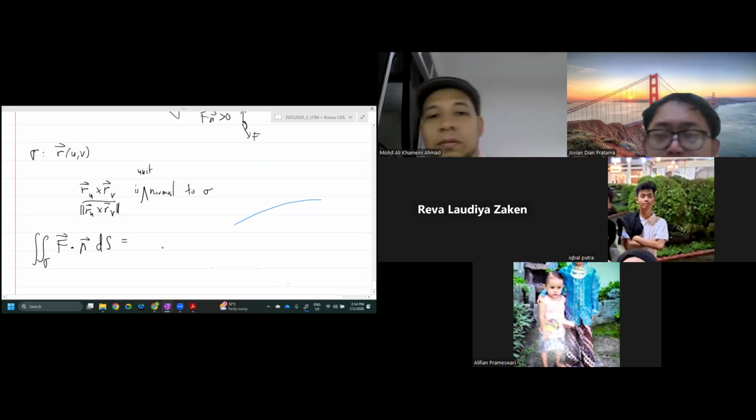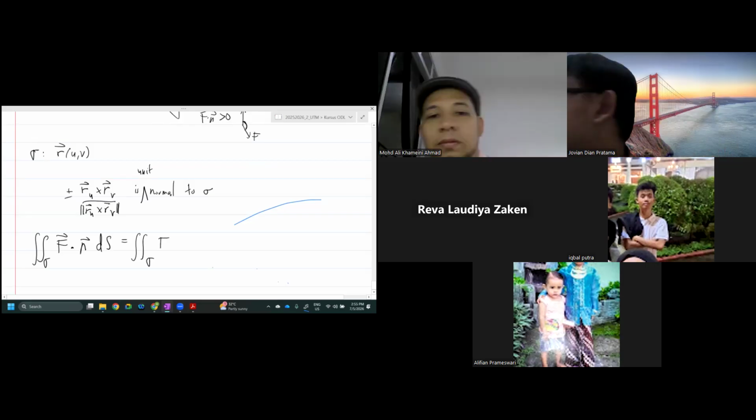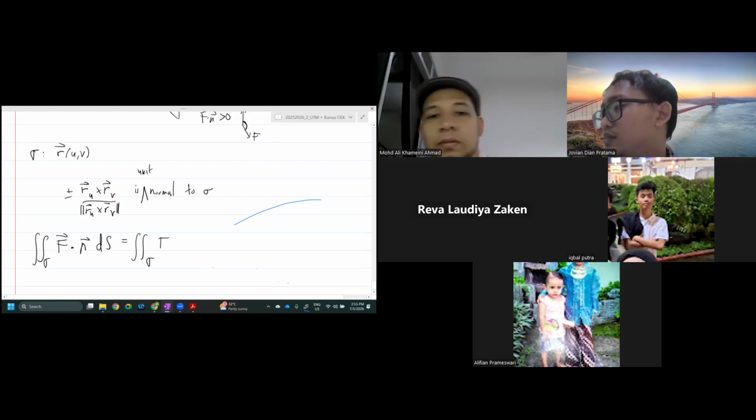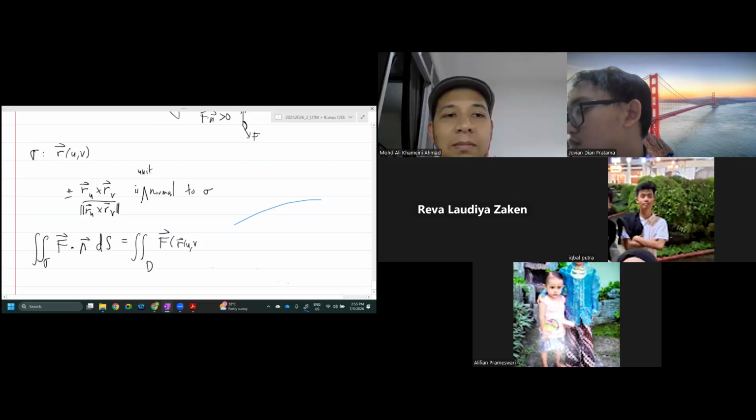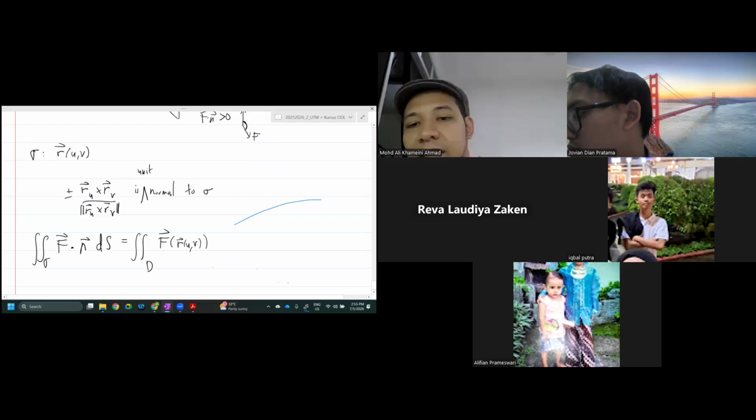You substitute the values of F, x, y, and z in terms of the variables u and v. You dot with this one, where you need to choose plus or minus r sub u cross r sub v.